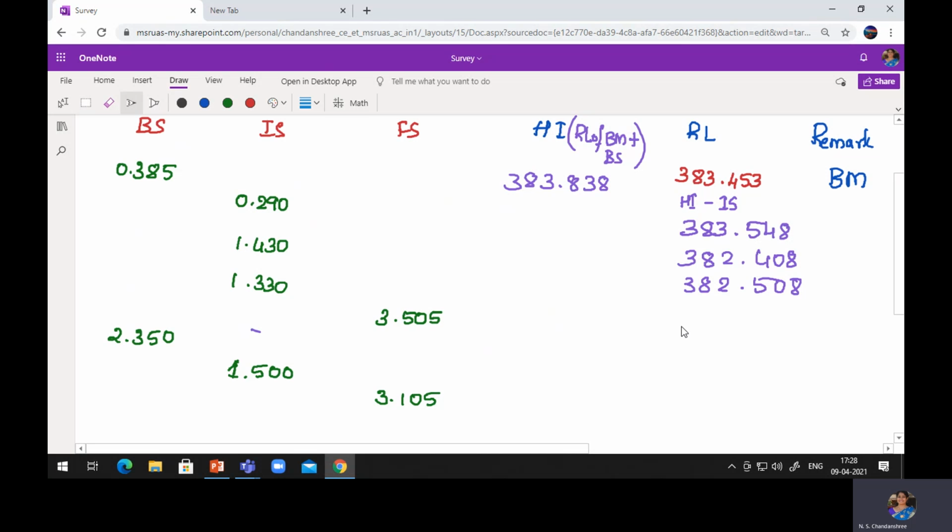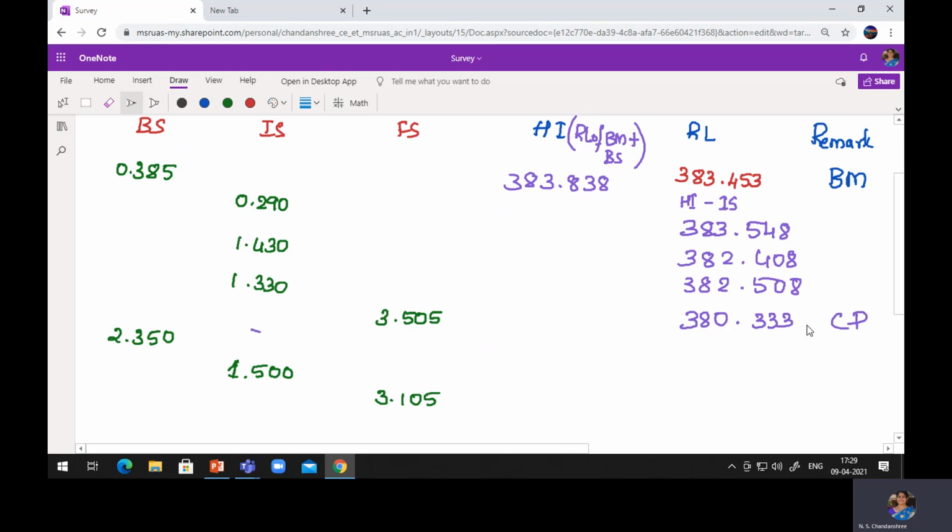When we do this, we get the answer as 380.333. So this is the RL of this point. Now because we have foresight and backsight here, that indicates that this point is a change point. CP is nothing but change point. Now we have to calculate the new height of the instrument. How can you calculate it? RL of the benchmark plus backsight.